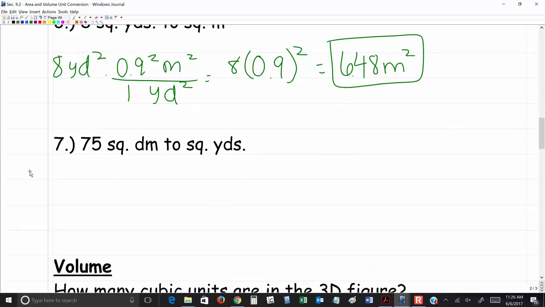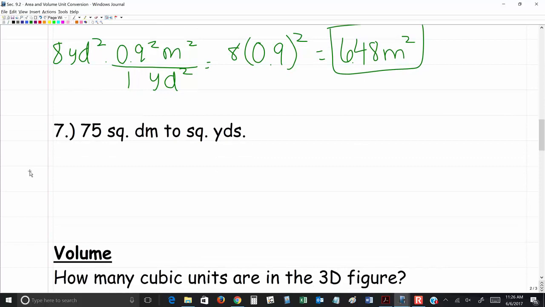Okay, let's see. This one might be a little bit longish. 75 squared decimeters.